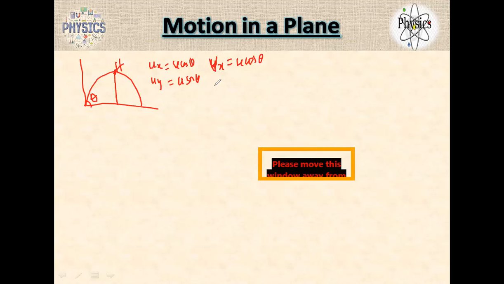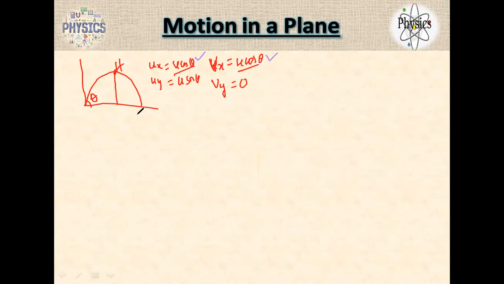Vx and ux are the same. Vy equals 0, right? The horizontal component remains constant, always the same. The vertical component is initially u sin theta, but at maximum it is going to be 0.